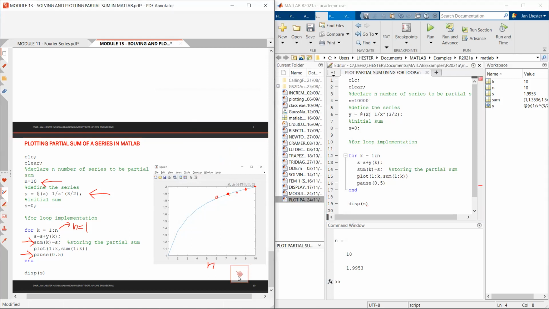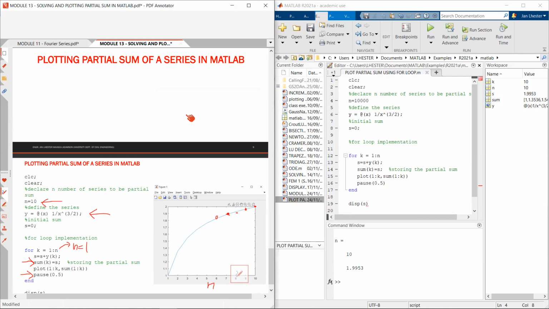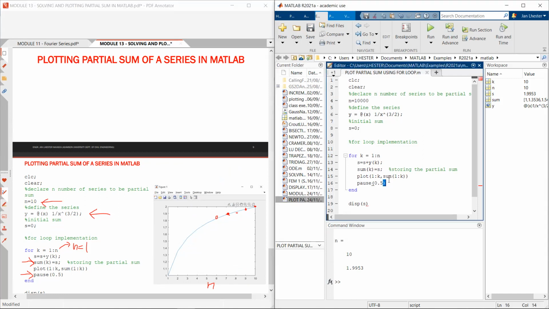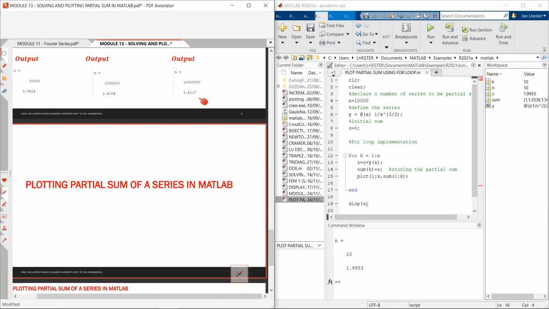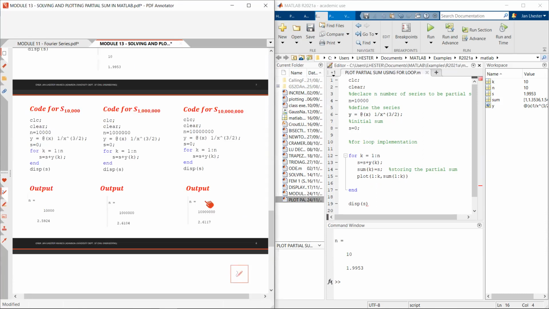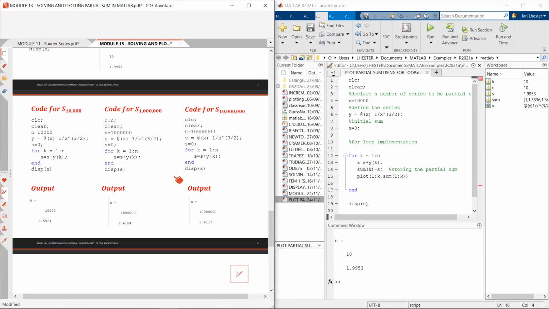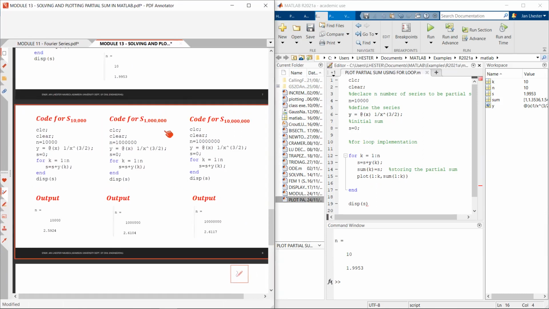Okay, so 10,000, delay na 0.5 seconds. So maghihintay tayo ng matagal. So tanggalin ko yung pause para mabilis, kasi 10,000 plots yun. 10,000 times 0.5 seconds is 500 seconds, so we will wait for 500 seconds.